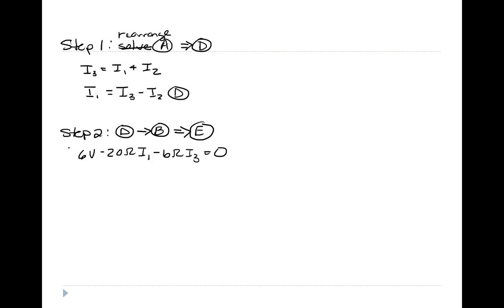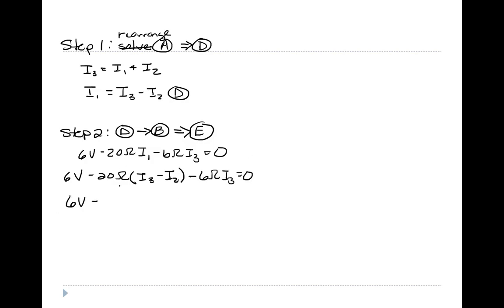Now I'm going to take D and plug it in. So 6 volts minus 20 ohms times (I3 minus I2) minus 6 ohms I3 equals 0.